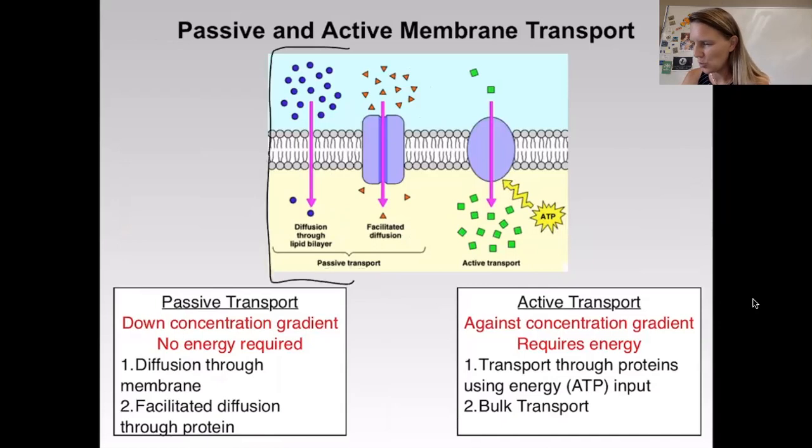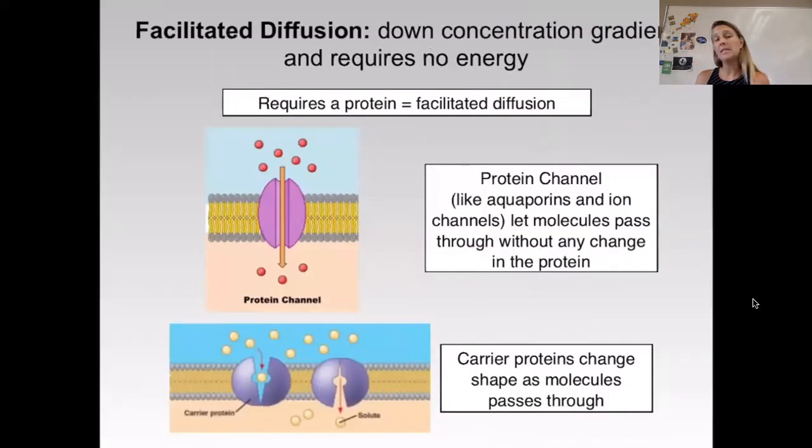So passive diffusion we already talked about. The only types of molecules that can flow down their concentration gradient through a membrane are the gases, O2, CO2, NO, and the steroid lipids, okay? Facilitated diffusion, on the other hand, still goes down the concentration gradient, requiring no energy.